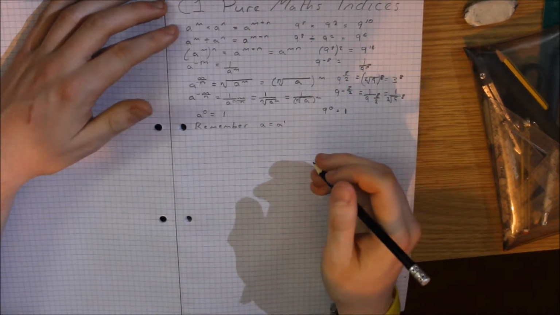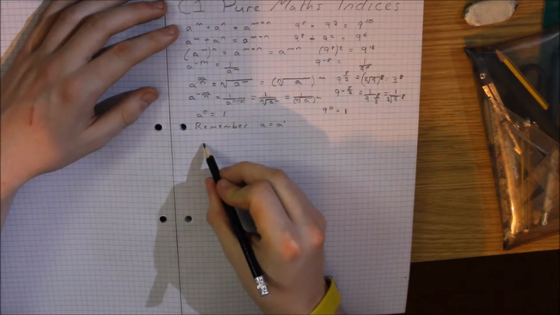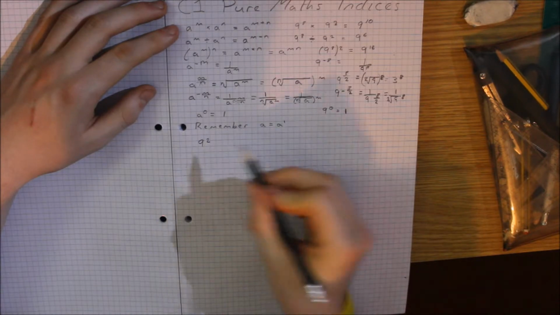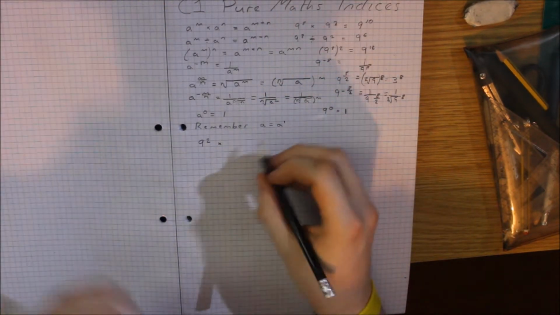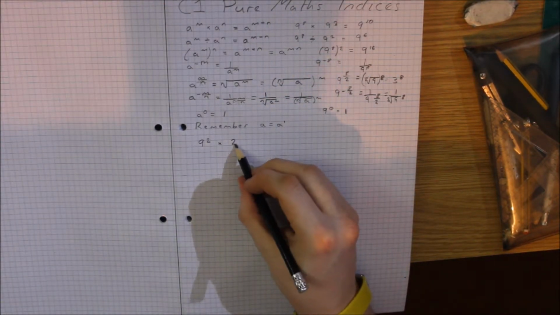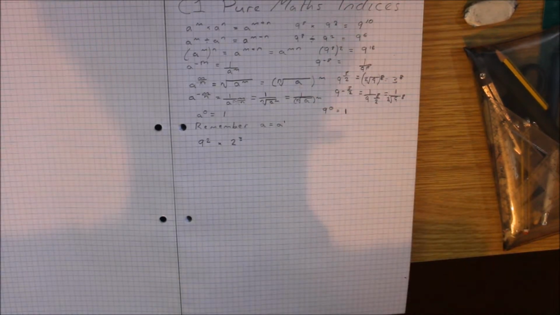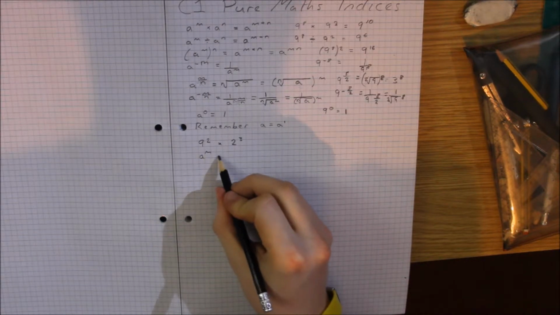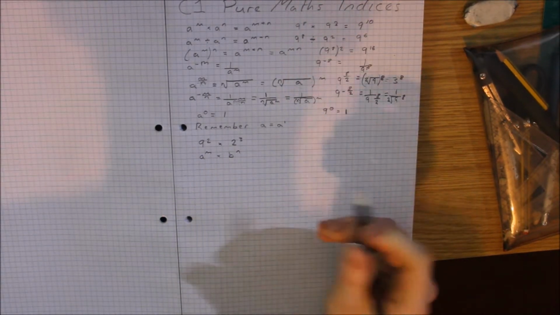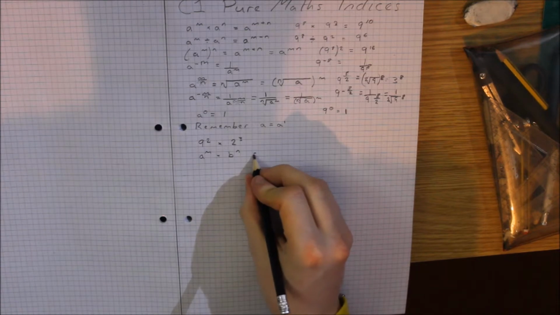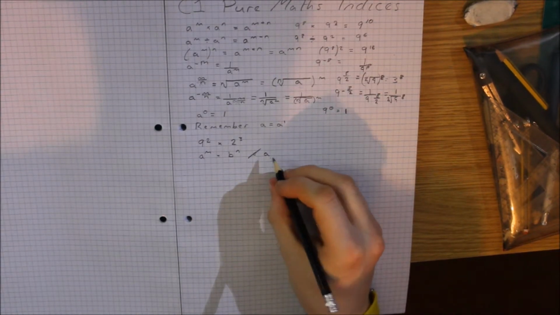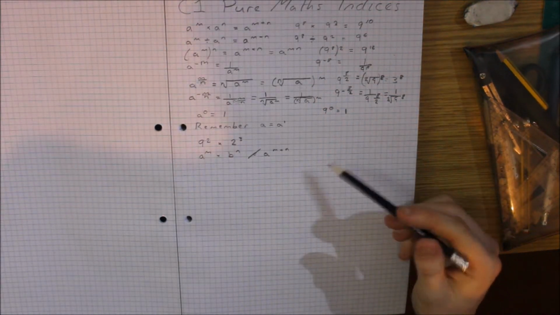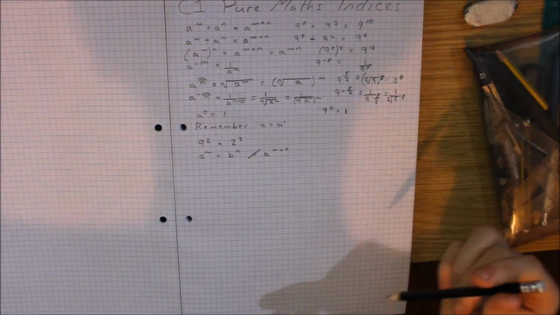But say if I had 9 to the power of 2 times 2 to the power of 3, what we essentially have here is a to the m times b to the n, and this does not equal a to the m plus n.